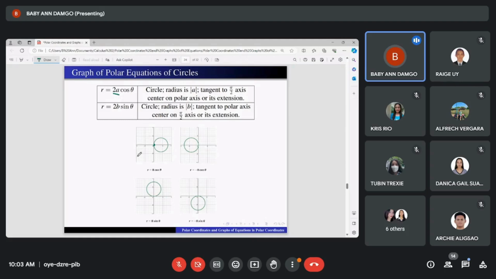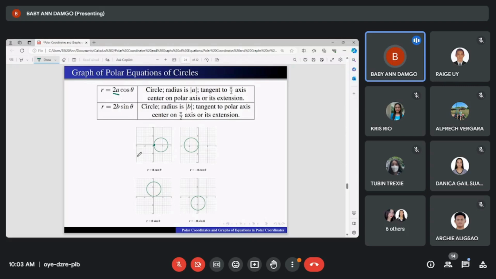Okay? And then, if it is negative, so, ang diameter niya is 8, and then, ang graph niya kay naa siya sa ubos, no? So, we have a negative pi over 2. Okay? Sige. Practice ko, no? So, we have r is equal to 4 sine theta.